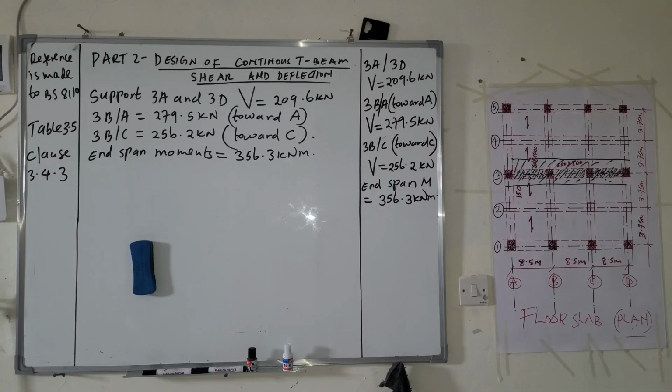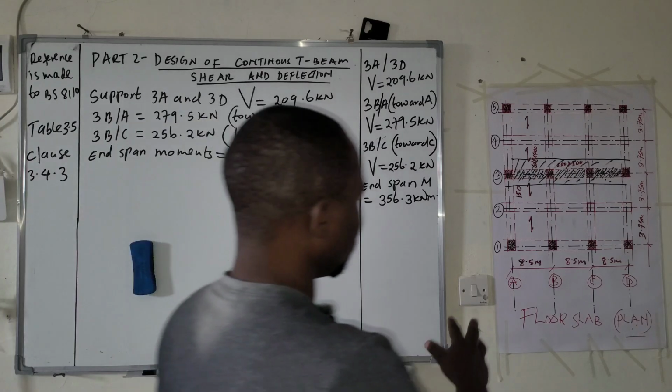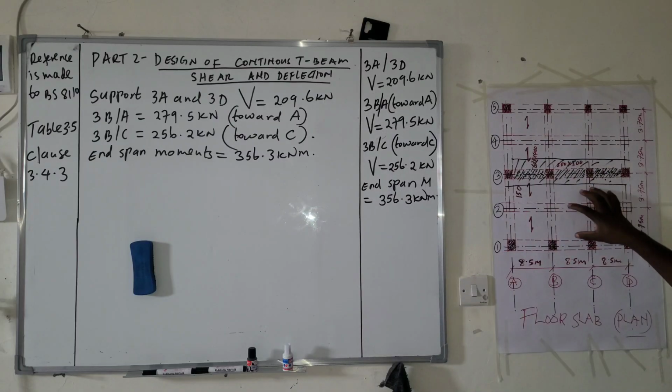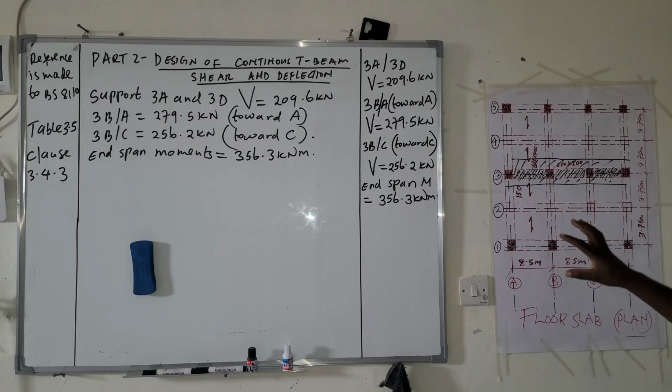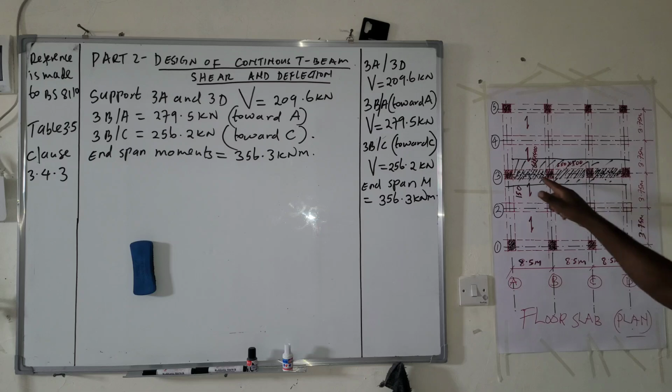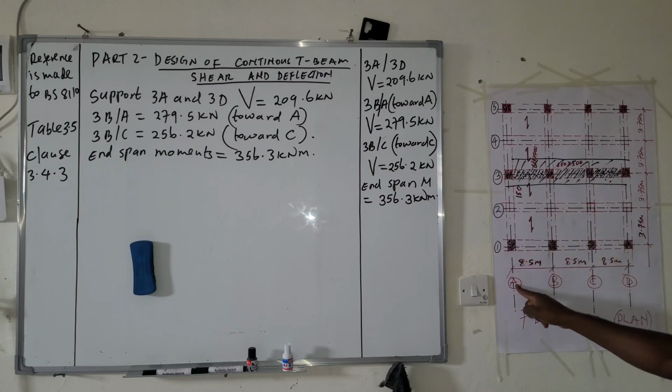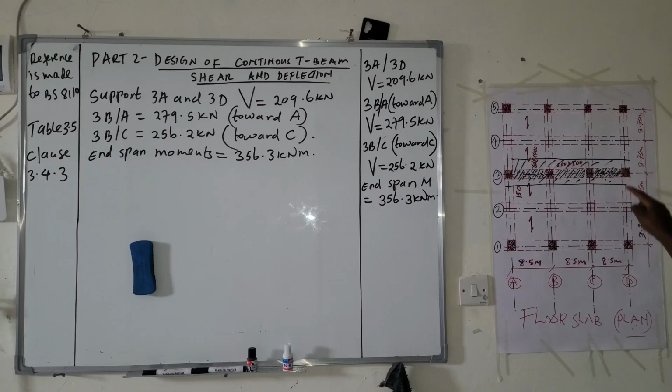So as you can remember, this was our floor slab plan. I told you I will maintain this until I finish this question. So we designed an L-beam, which was 3A, 3D.